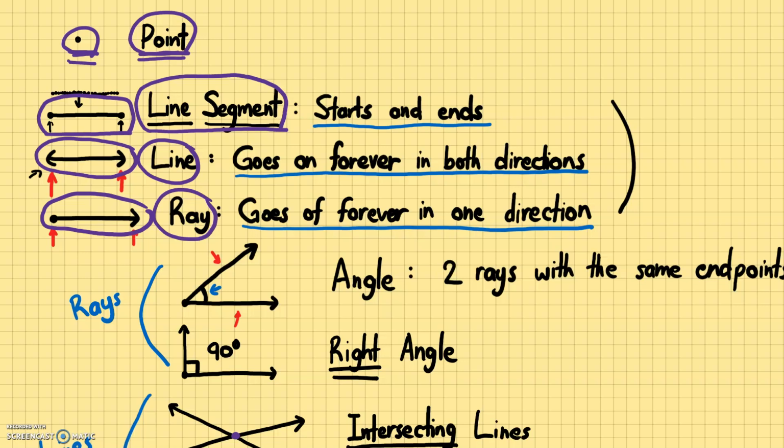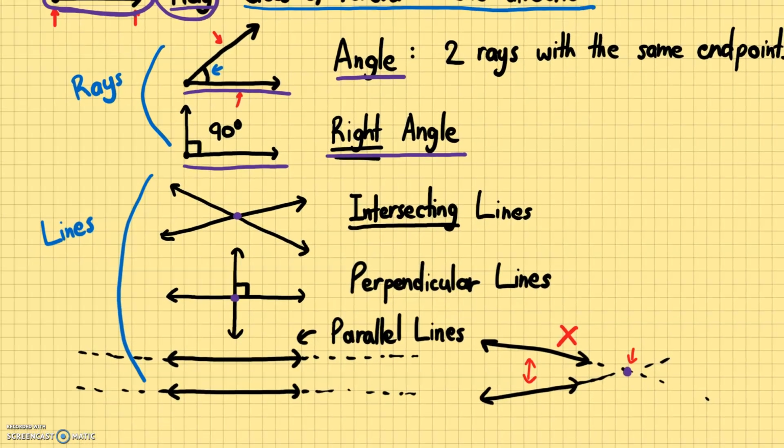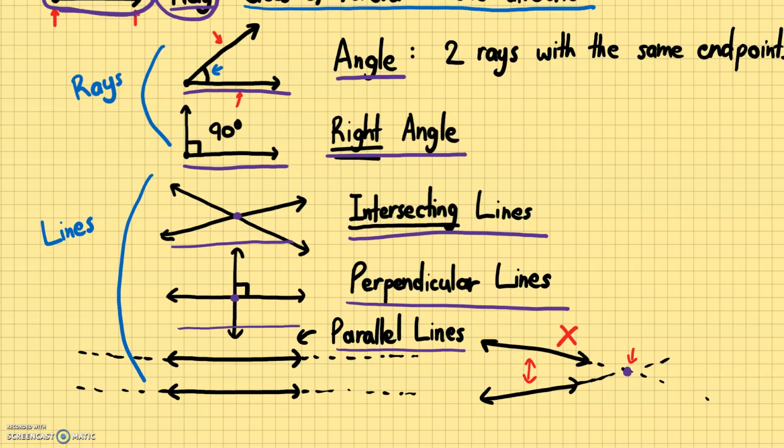Okay, so point looks like this, a line segment looks like this, a line looks like this, a ray looks like this, an angle looks like this, a right angle looks like this, intersecting lines look like this, perpendicular lines look like this, and parallel lines look like this.